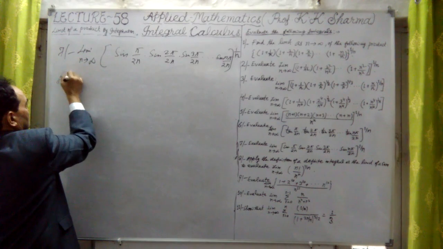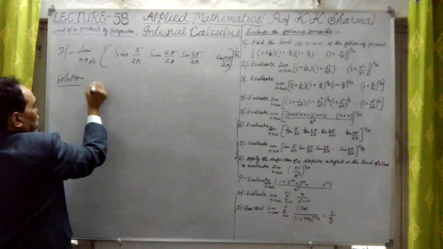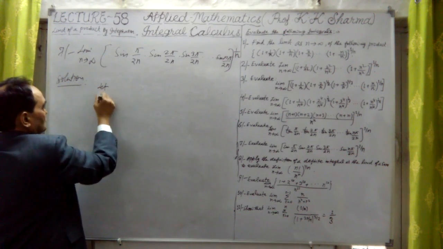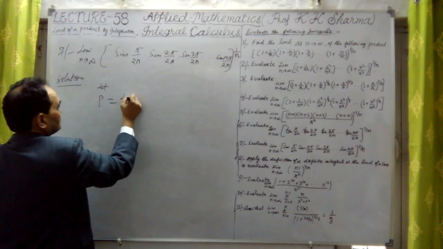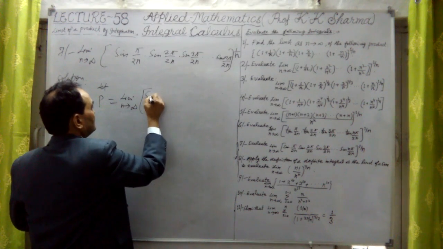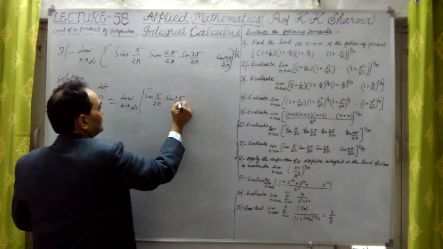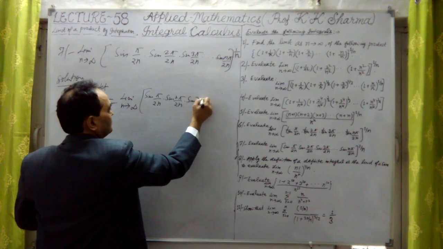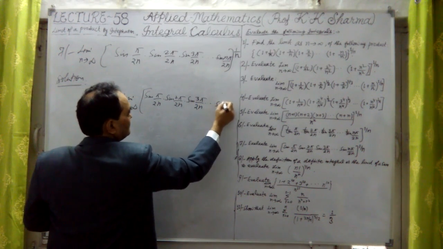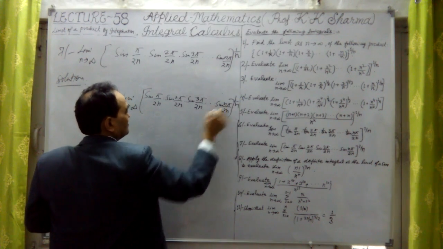So, in the solution, we first consider this product as p. Let p be equal to the limit as n tends to infinity of the bracket sine pi upon 2n, sine 2 pi upon 2n, sine 3 pi upon 2n, and so on, sine n pi upon 2n, whole power 1 upon n.